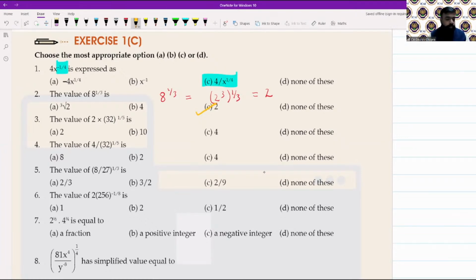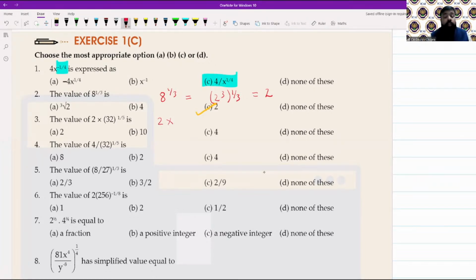Then the third one. Third one says 2 multiplied by 32 to the power of 1/5.